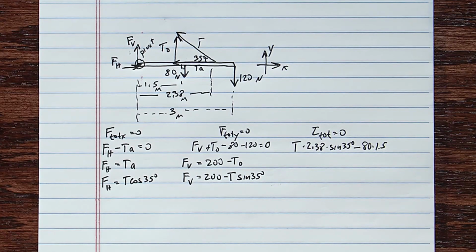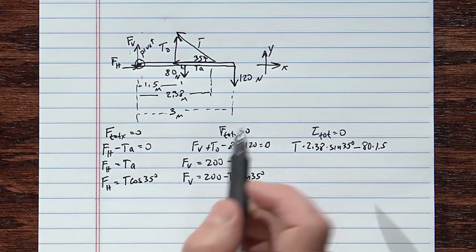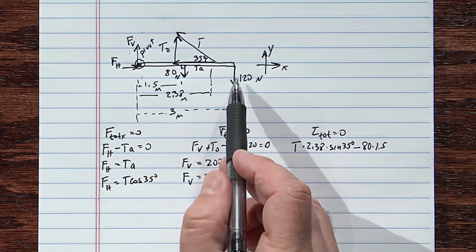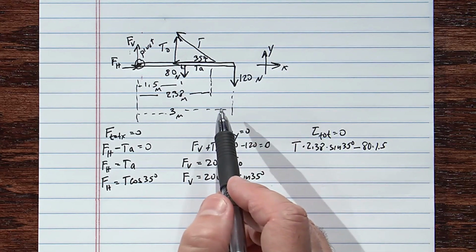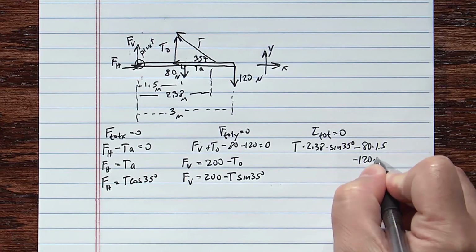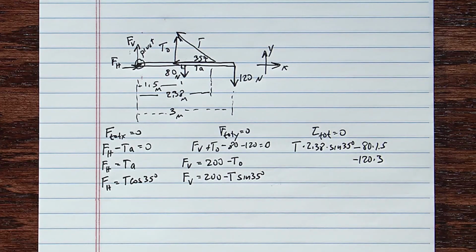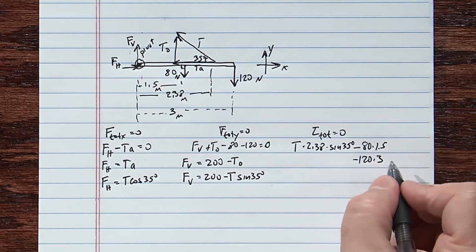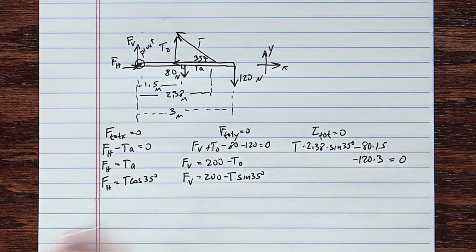So I'm not going to write in sine of 90 degrees. We just know that that's 1. And we're going to have the same thing over here where we have 120 newtons at 3 meters from the pivot. So minus 120 times 3 times the sine of 90 degrees, which I'm not going to write. That's 1. And all of that must equal 0.